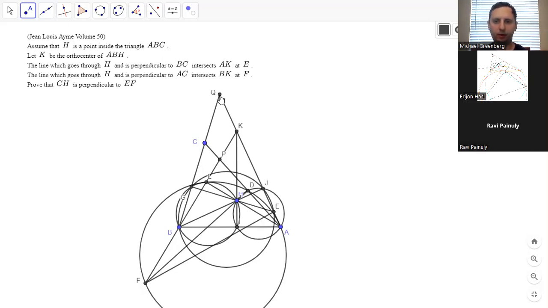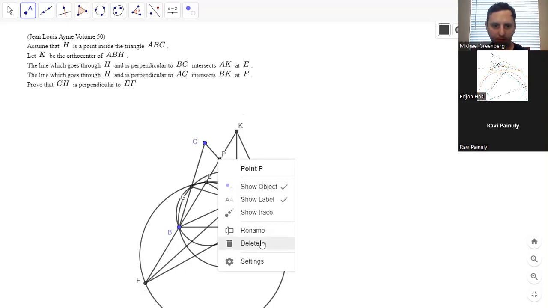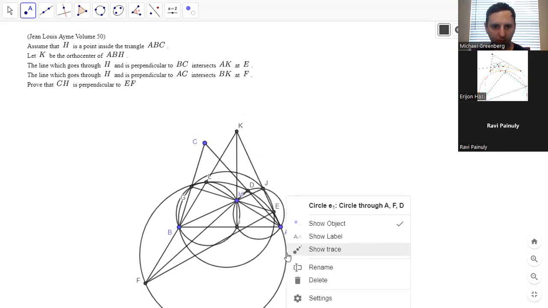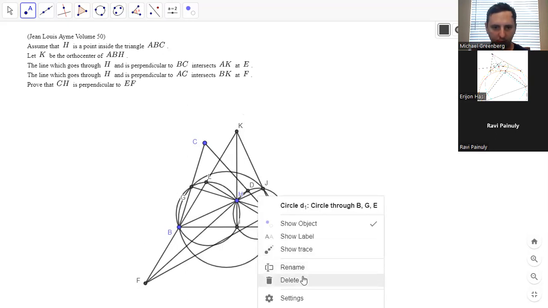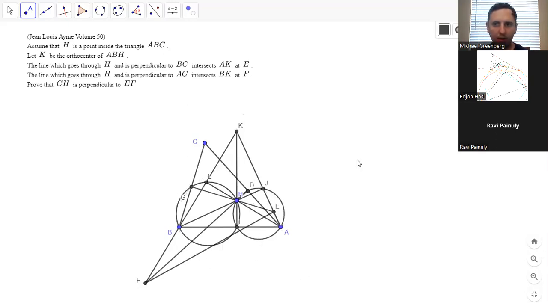I'm going to delete P and Q. And I'm going to delete these circles. Actually, you know what? I'll leave this one.